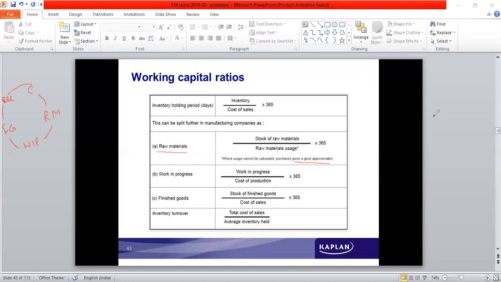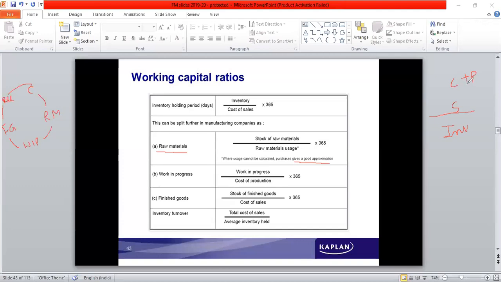Turnover is sales, basically, and the numerator should be sales, but because inventory is valued at cost value, and the sale value is cost plus profit, a higher amount of sales could be on account of a higher profit margin included. So it would not be appropriate to compare sales with the inventory.